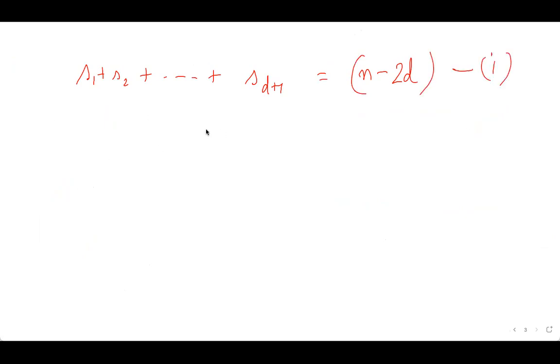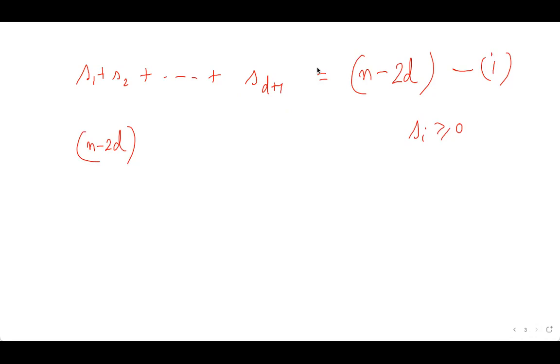Now since all these SI's are greater than or equal to 0, we have to solve equation 1 for non-negative integer solutions, because the gaps could also have 0 unit squares. So the number of non-negative integer solutions to this equation: the idea is to break n minus 2d into n minus 2d ones, and I'll be using zeros to separate these d plus 1 variables.